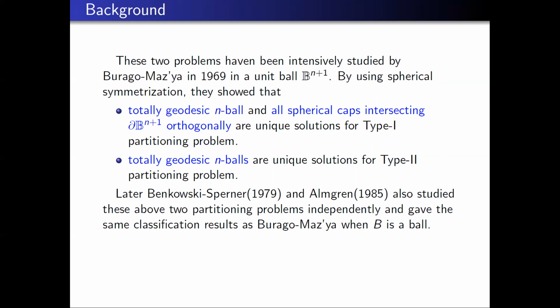And totally geodesic n-balls are the unique solutions for type 2 partition problem. Later on, Bokowski and Sperner and Almgren also studied these problems independently and gave the same results as Burago and Maz'ya when B is a ball.